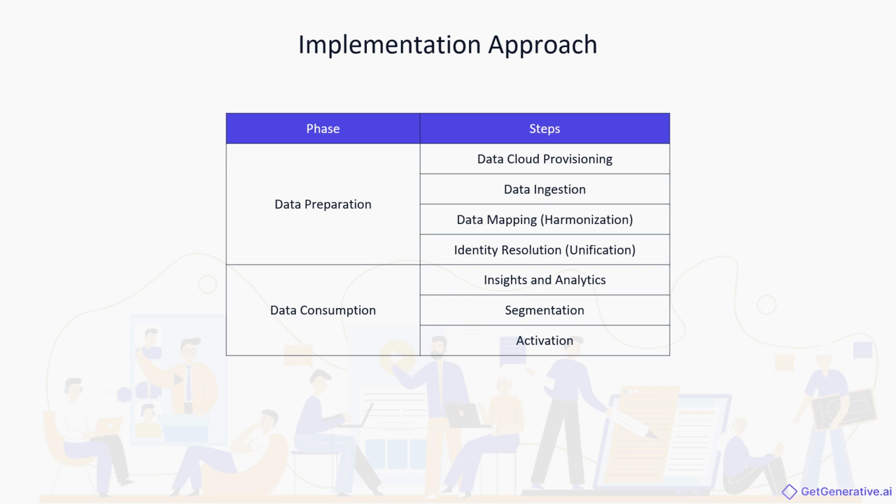Again, ingest, harmonize, unify, and activate. That's really about it. You ingest the data, harmonize it, unify it, and then activate it in various different formats. The first phase is data preparation, where you're preparing the data. The second phase is data consumption, where you're ready to send the data outside of Data Cloud for consumption by various external platforms.